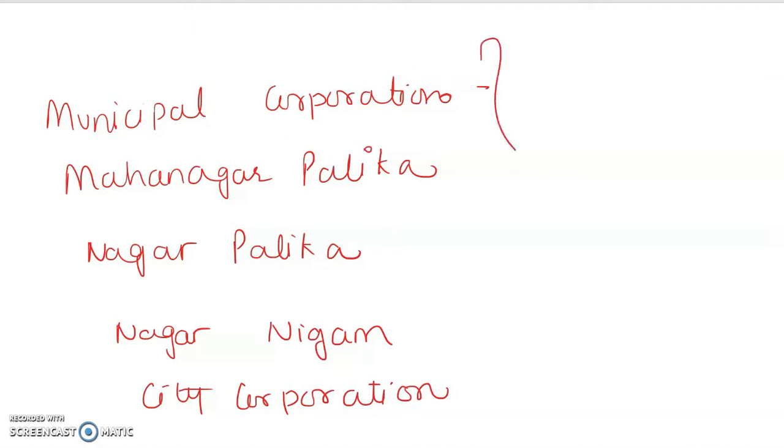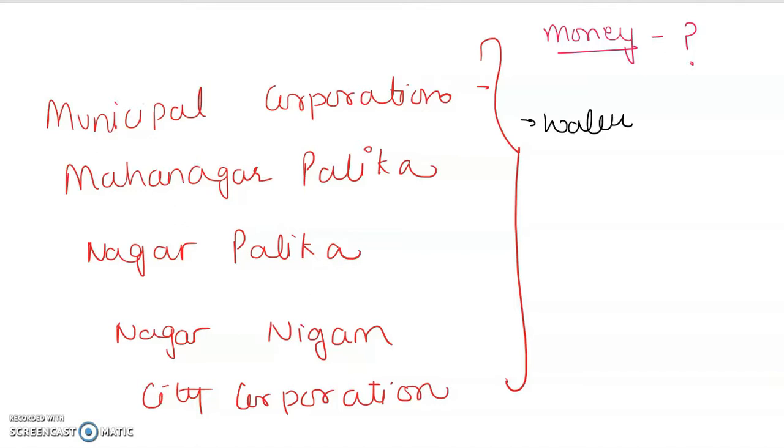And how does it work? From where does it get its money? Of course, if it is taking care of the welfare of the people, there must be some way through which it earns money. So it gets its revenue from the water tax that we pay. Next time you buy tickets to the cinema hall, check if there is a tax that is levied. At times they also impose a professional tax.